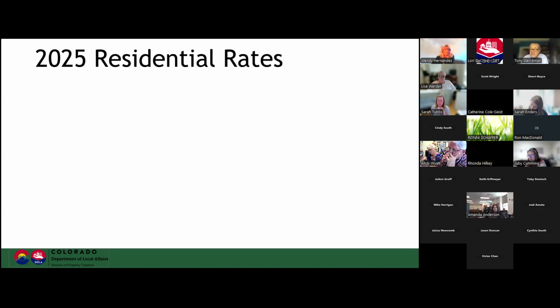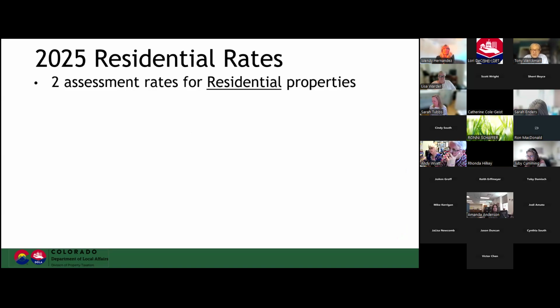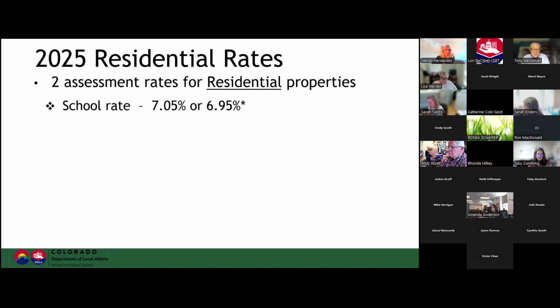For the residential rates, we do have two assessment rates for residential properties this year. The first one is the school rate of either 7.05, which is what everybody's currently using in their systems, or it could go down to 6.95%. We talked about that briefly, and I'll talk about it when we're done with this.